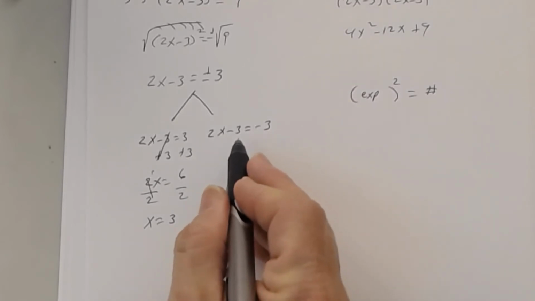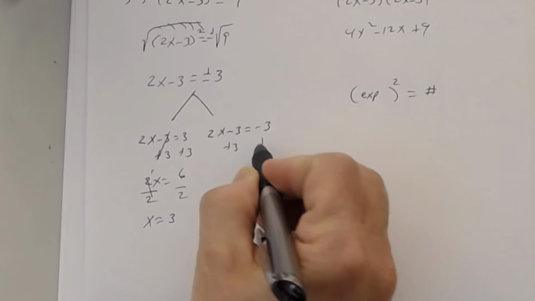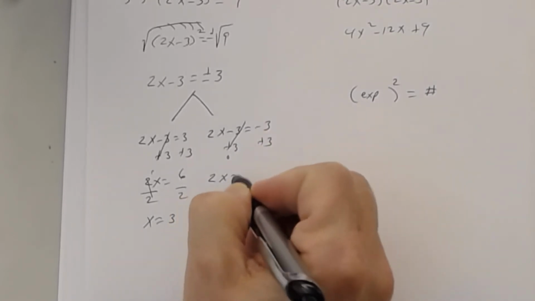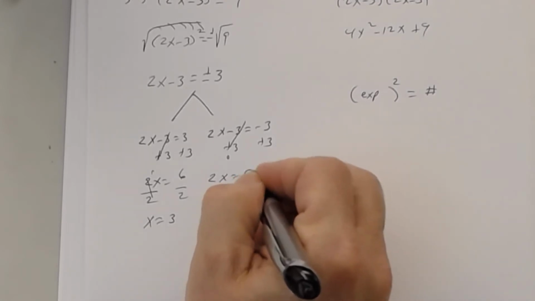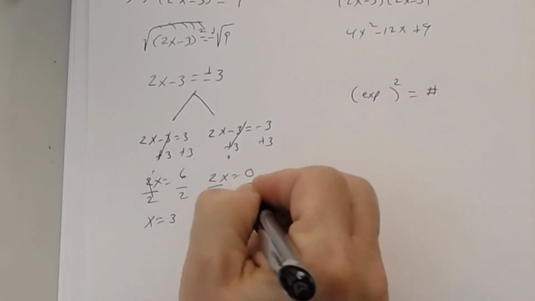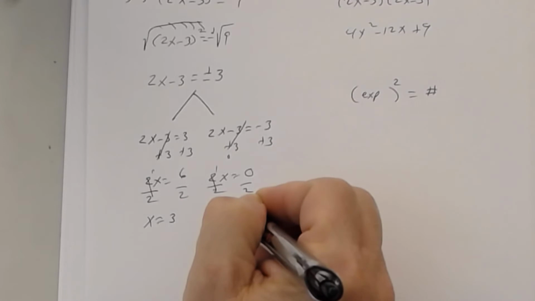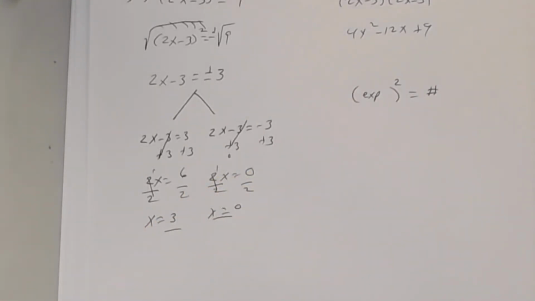Over here, how do I solve this equation for x? Add 3 to both sides. Can I combine those? Yeah, because what's a negative 3 and a positive 3? 0. And what's the next step? Divide both sides by 2. So I get x, the other solution, to be what? 0. So those are my 2 solutions. So x equals 3 and x equals 0.